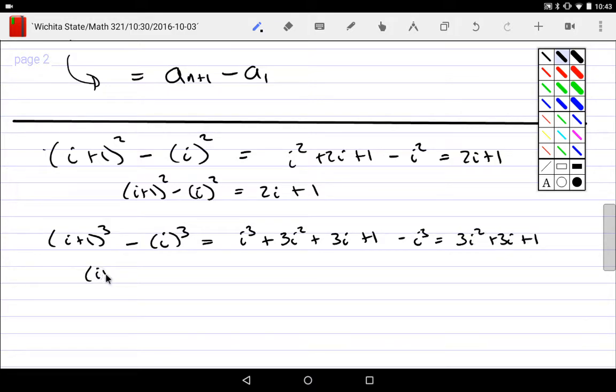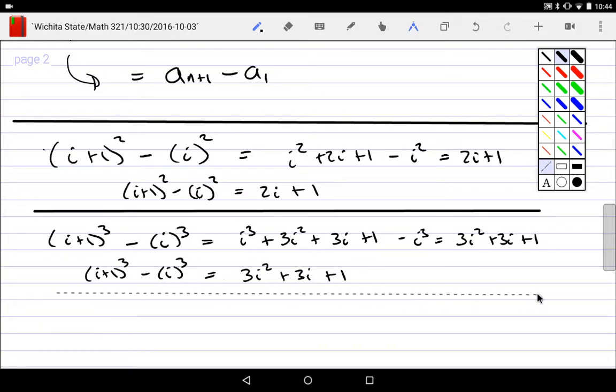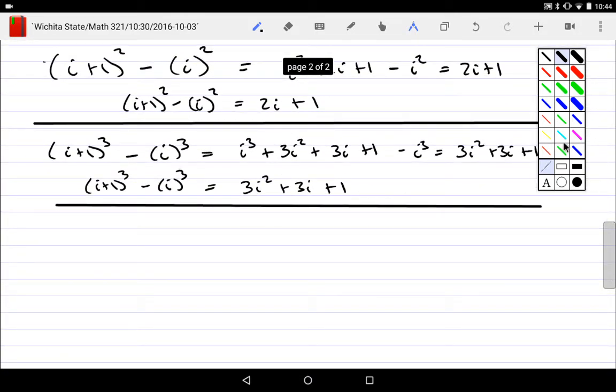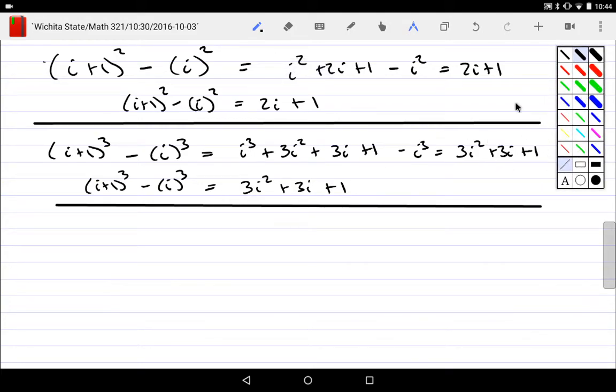And so i plus 1 cubed minus i cubed is equal to 3i squared plus 3i plus 1. Would the same thing happen if I did i plus 1 to the 4th minus i to the 4th? Yeah, these are all pretty straightforward. Why am I interested in these sorts of algebra objects? Well, let's look at this one.